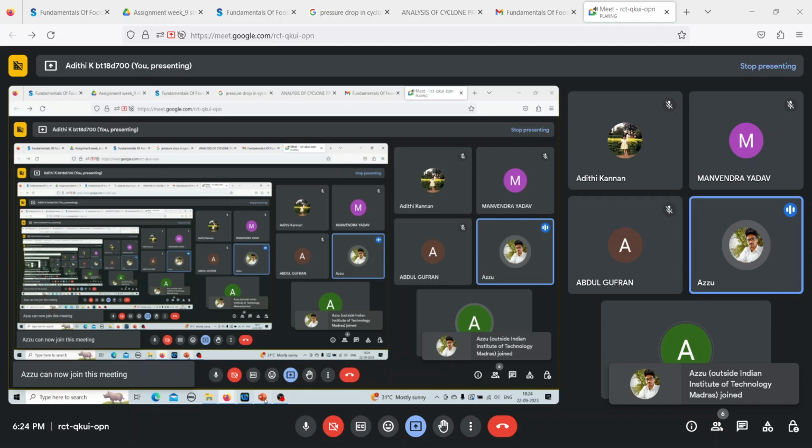Moving to question 11. In a cyclone separator, lighter particles take dash to settle. Are you guys able to see my screen?